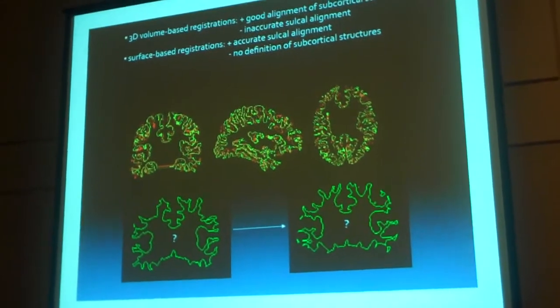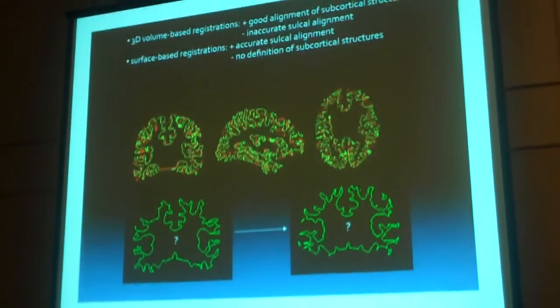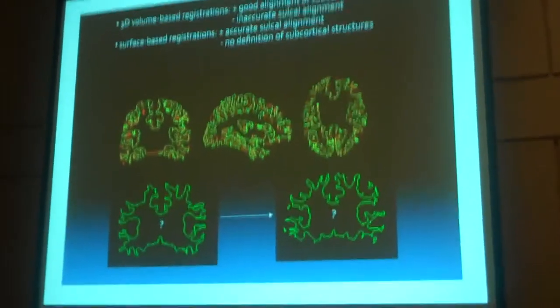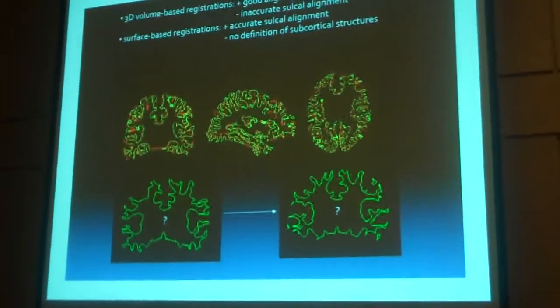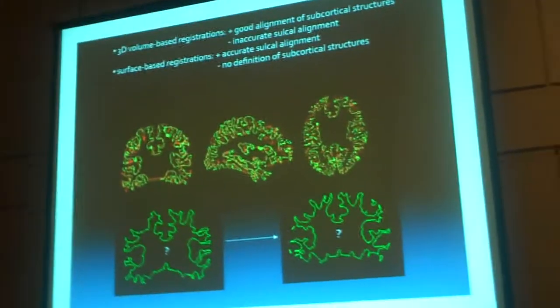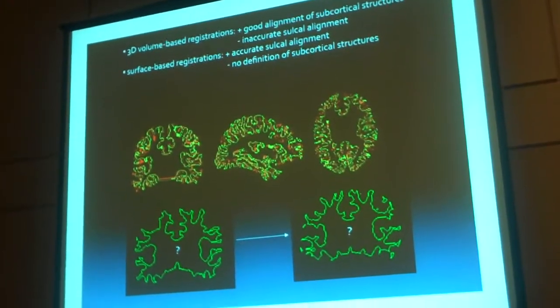But the problem with cortical surface-based registrations, where you initially segment the surface and then, using FreeSurfer or other tools, align these cortices, is that you're not taking into account the internal structures.